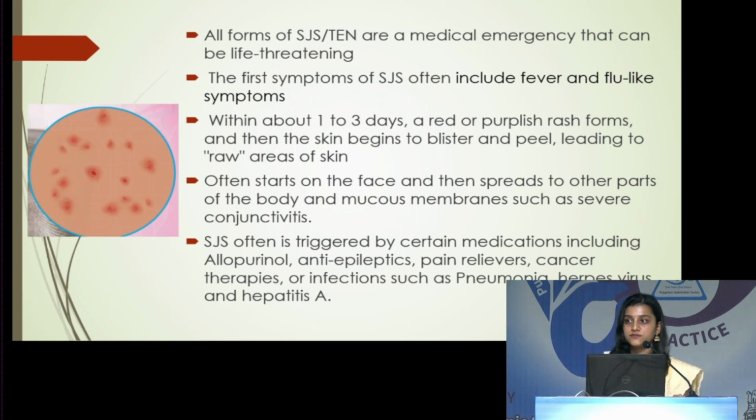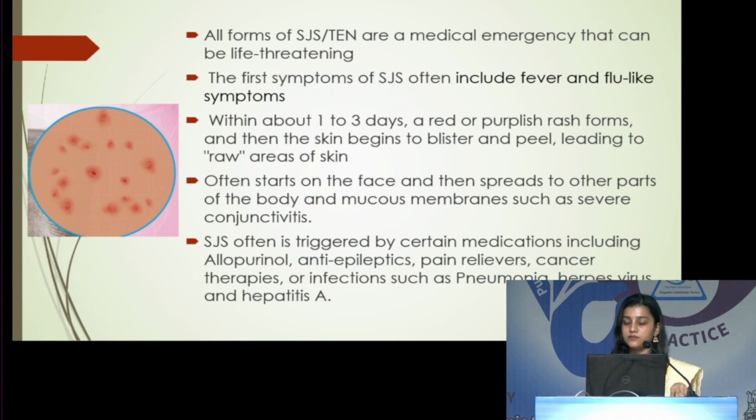So all forms of Stevens-Johnson syndrome are a medical emergency that can be life-threatening. The first symptom is always fever or flu-like symptoms, and within 1 to 3 days, red purplish rashes appear, which later become raw areas, and other parts of the body are involved, and mucous membrane involvement is there.